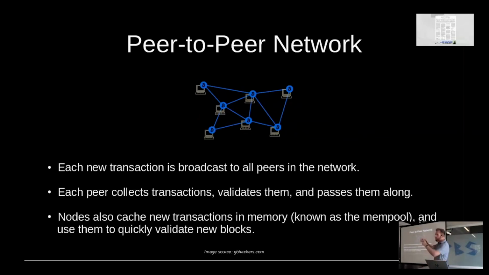They've been flung around the network already. I've already seen them and collected them. Why are you going to send them to me again in a block? It's not necessary. So we have this thing called the mempool, where when you send out a block, you don't have to send the transactions with it. You just have to have something called a Merkle root, which we'll get into.